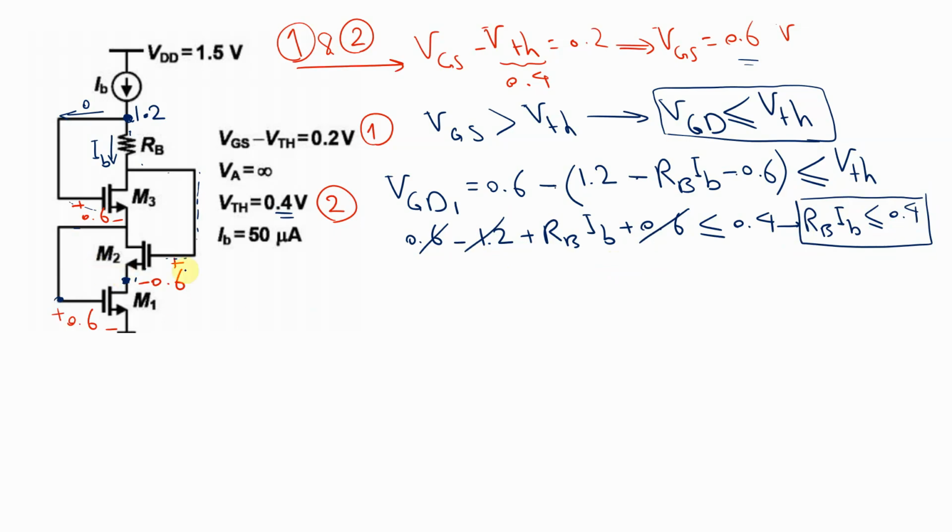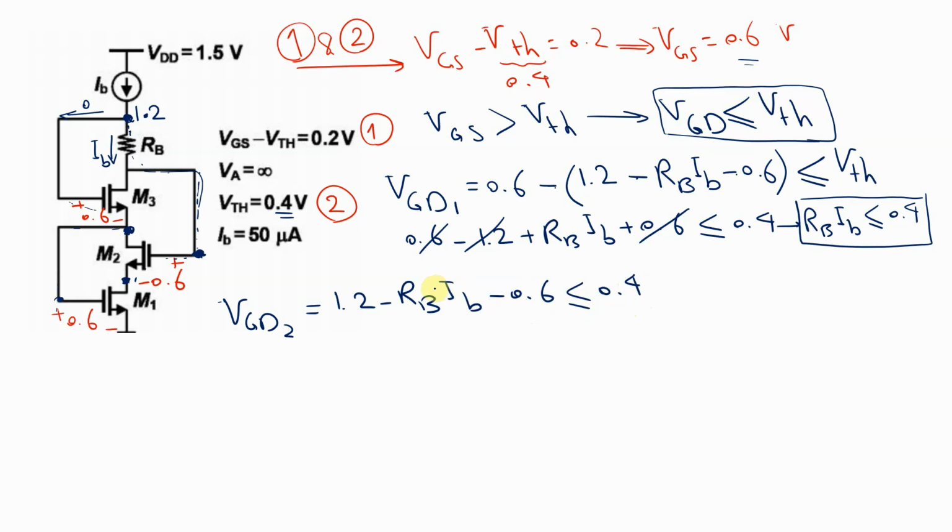Now move on to the second transistor, VGD2. This one is the gate voltage for M2. If you take this route, you can get the result quickly: 1.2 minus RAB IAB, and now we're here, the gate of transistor M2. And this is the drain of M2. With respect to ground, this is the voltage of M2, 0.6. So minus 0.6 less than or equal to the threshold, which is 0.4.